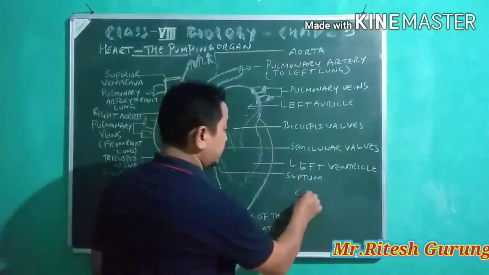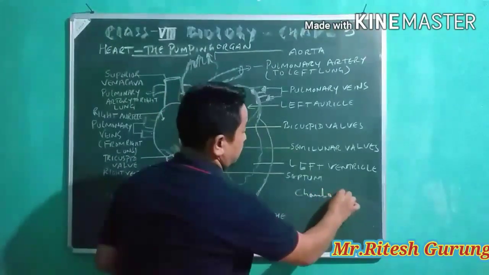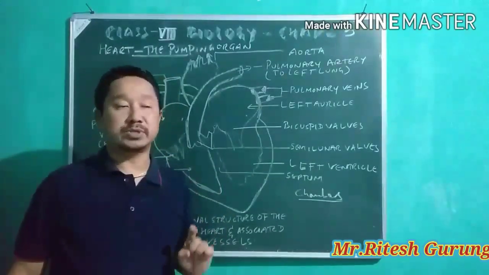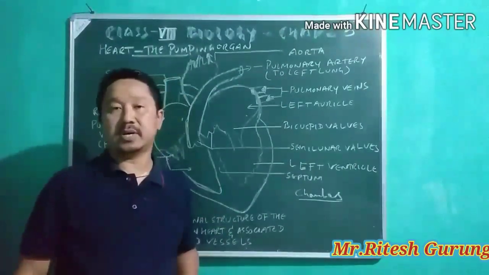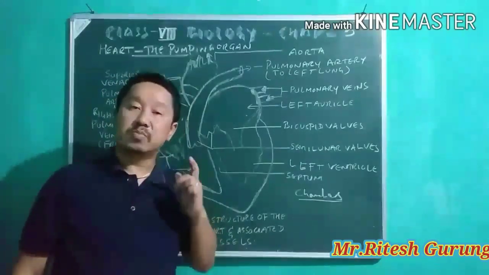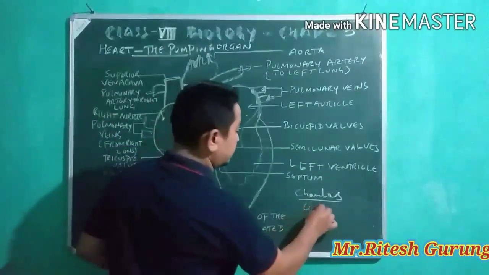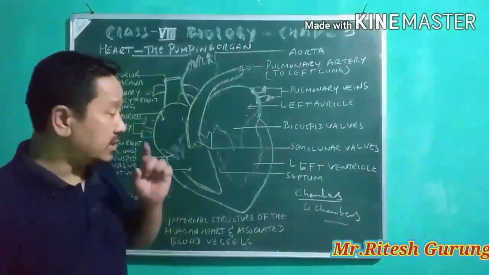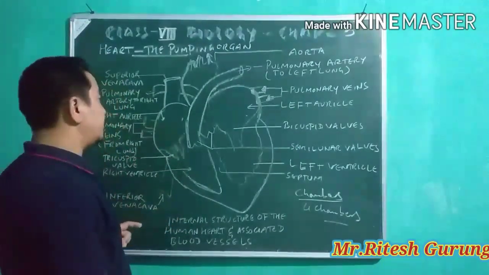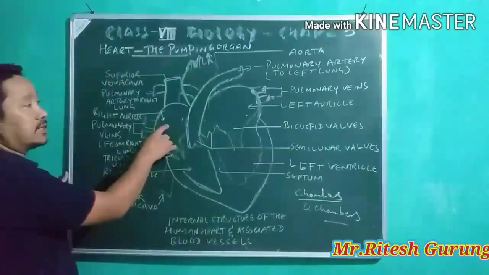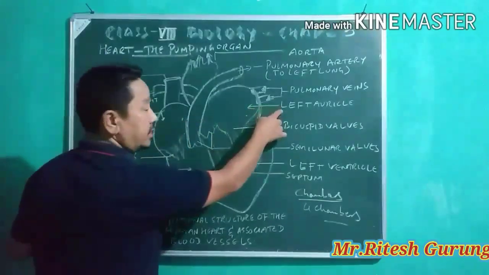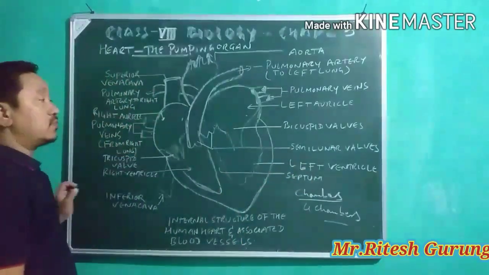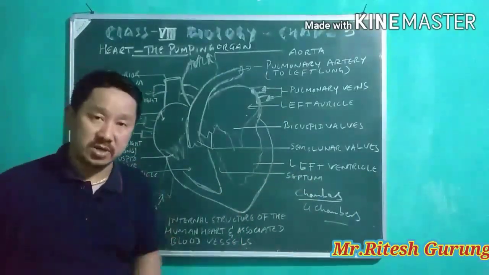The human heart, meaning the mammalian heart, contains 4 chambers: right auricle, left auricle, right ventricle, and left ventricle. We have a 4 chambered heart.